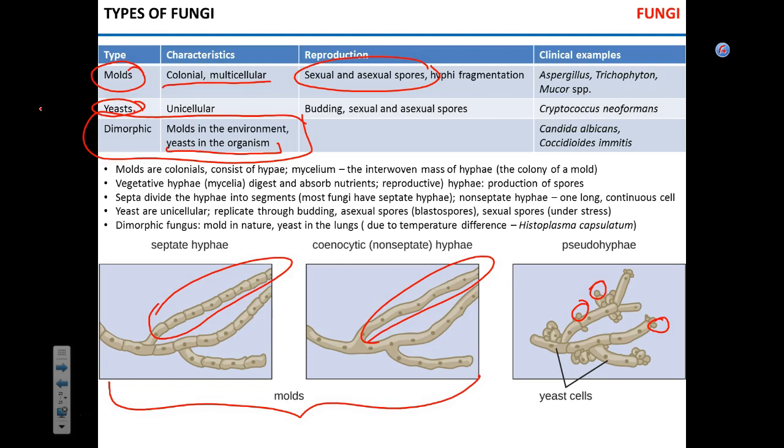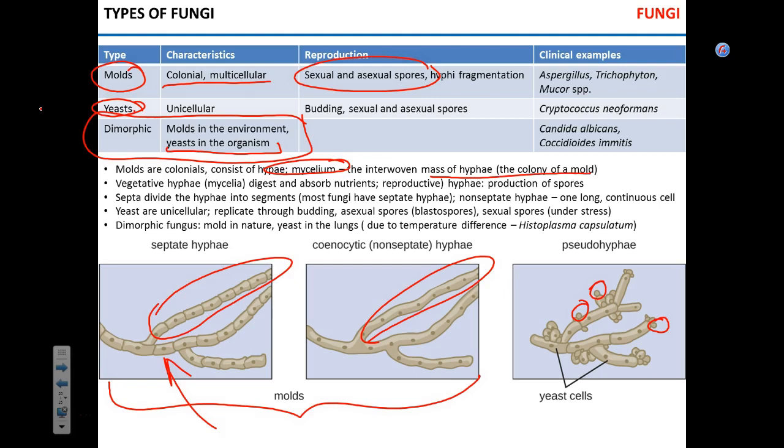Now, a few structural aspects. You all have seen mold on bread, on fruits, right? So how does it look? Fuzzy. So that fuzzy appearance is called mycelium. And mycelium is basically the mass of thread-like structures called hyphae.